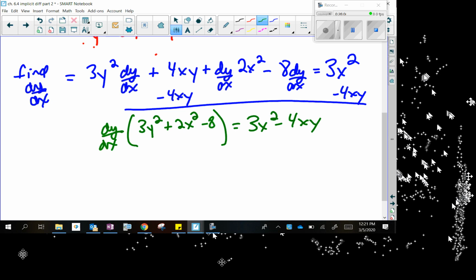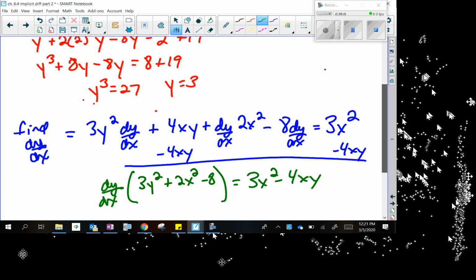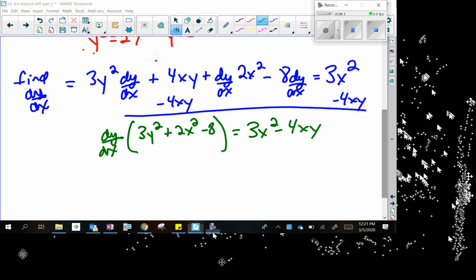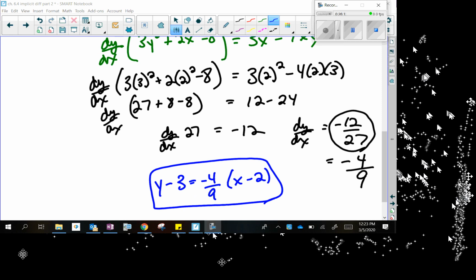Now you go ahead and plug it in, see what you come up with. We can plug in x equals 2 and y equals 3. Okay, so we get a slope of negative 4/9, and then we plug it in and get that equation.